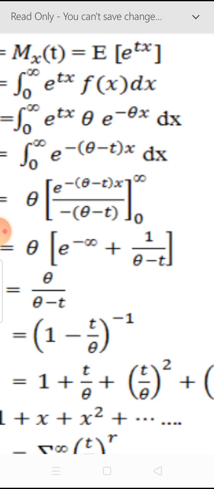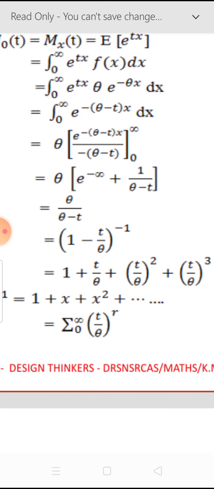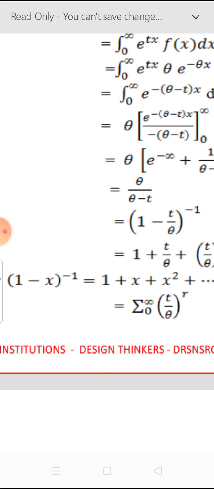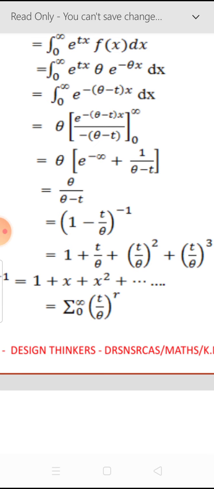Theta by theta minus t can be written as 1 minus t by theta the whole power minus 1. We know from the binomial expansion that 1 minus x power minus 1 is 1 plus x plus x square plus etc. Here we replace x by t by theta.